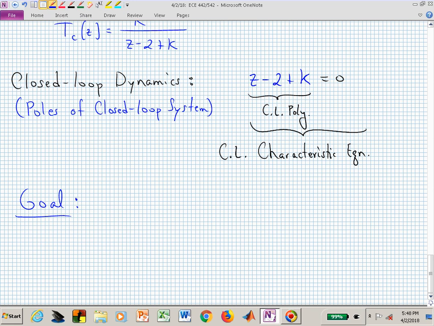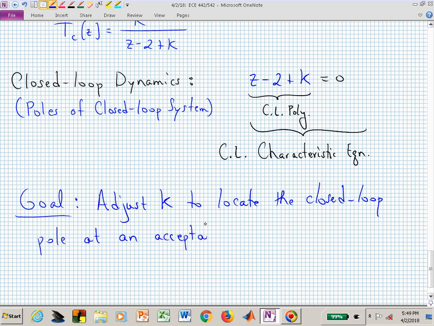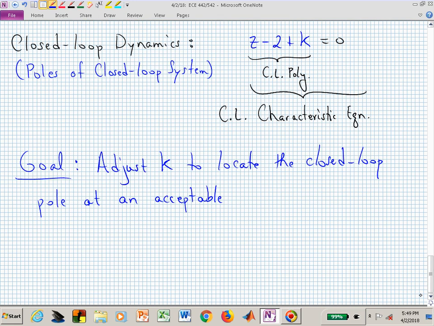Well, that's maybe up to us. It may be up to our boss. It may be up to somebody else. So let's state for a goal that we want to adjust K, this controller value, to locate the closed loop pole at, I'll be somewhat vague, an acceptable location.